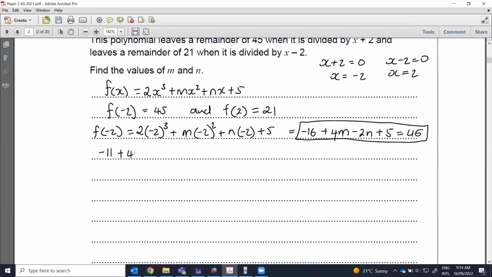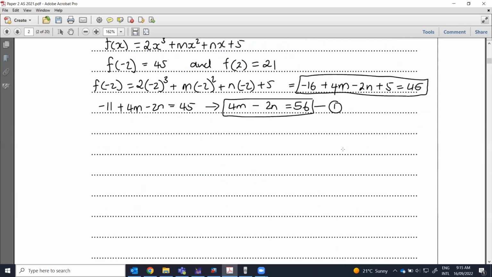Then plus 4m minus 2n, this is equal to 45. And then this minus 11, you take it to the other side and it becomes positive. So what I will get is 4m minus 2n, this is 45 plus 11, which is 56. So this is going to be my first equation of the two that I will solve simultaneously.